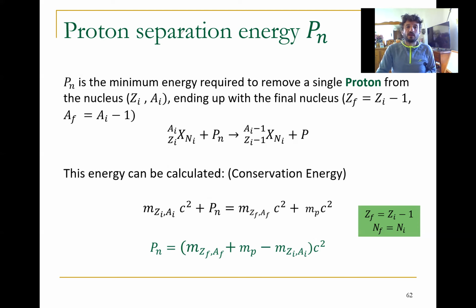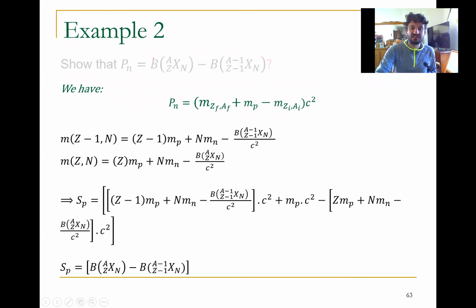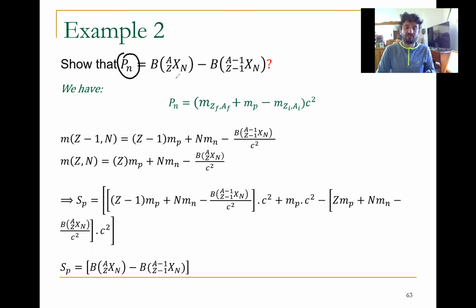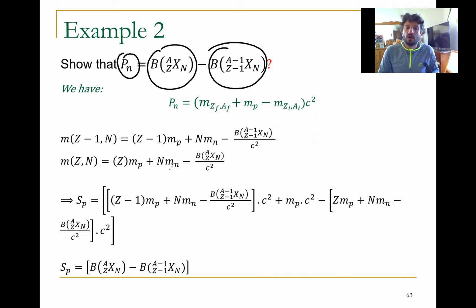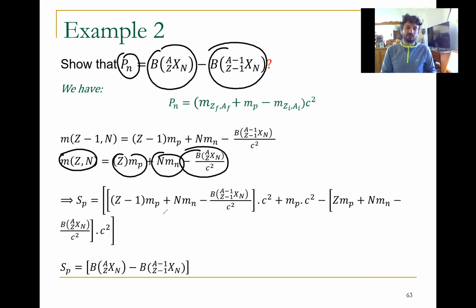Okay, the same example, I want to show that Pn equals the difference of binding energy between the initial nucleus and the final nucleus. Initially we have m(Z,N) equals Z Mp plus N Mn minus the binding energy.